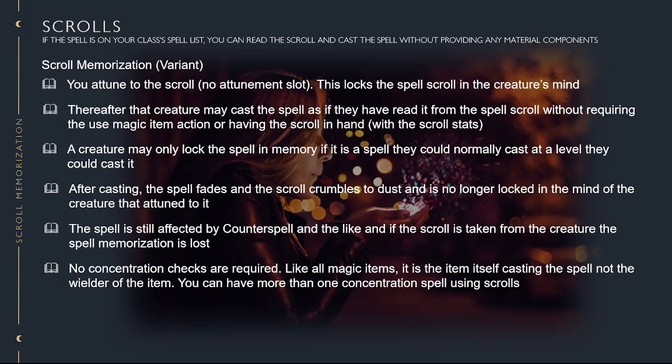But it's the scroll casting the spell. So in effect, this allows you to have more than one concentration spell up, because you're still only concentrating on one spell and the scroll is casting the other. And unlike you, who has to make concentration checks if you take damage during combat, the scroll does not. So that's something to think about as well.